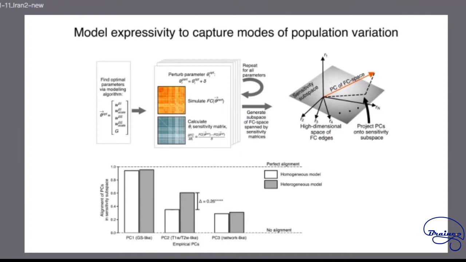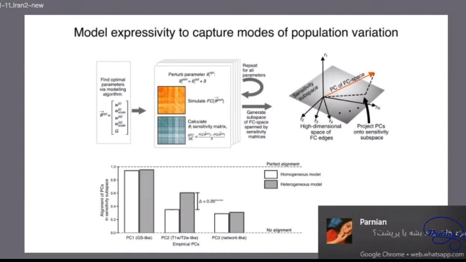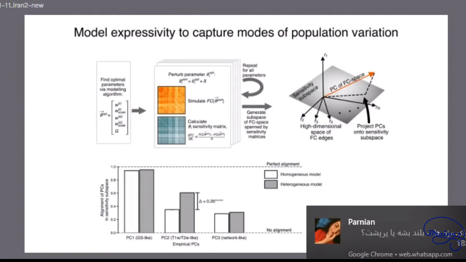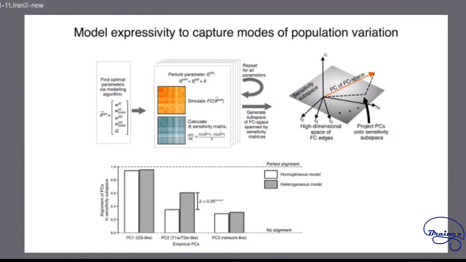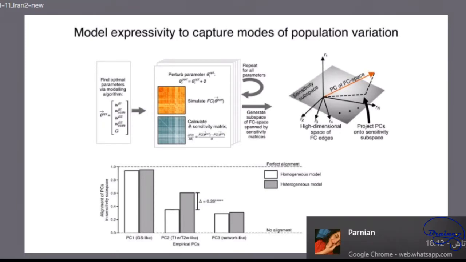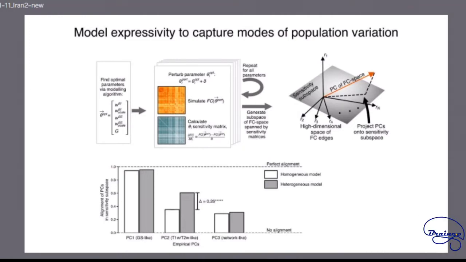Another way to say this is: can the experimental mode of variation that we see, the experimental principal components 1, 2, 3, be captured by changing the parameters of my model? Does my model have sufficient expressivity to capture that mode of individual differences in the empirical data? Does that make sense?